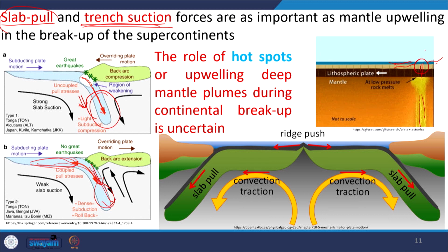So, it acts like a bullet firing. This magma comes as a bullet and, without disturbing the surroundings, is emplaced here. That is why the role of hotspot magma activity in continental breakup is uncertain.